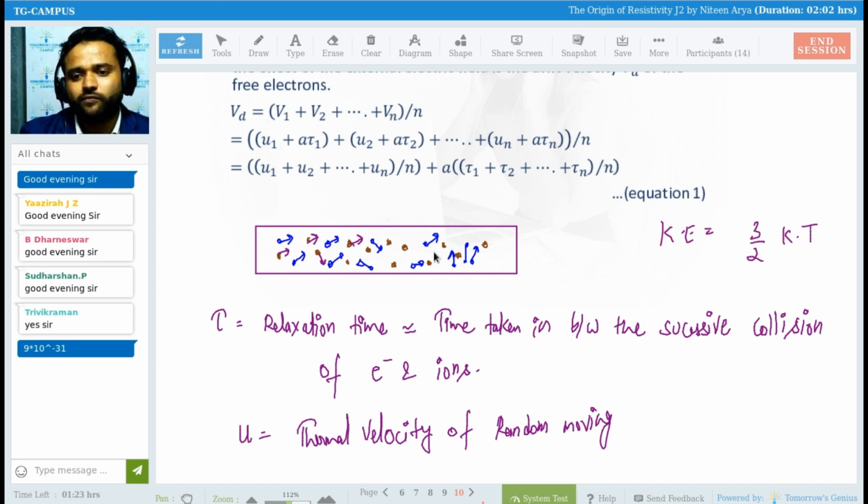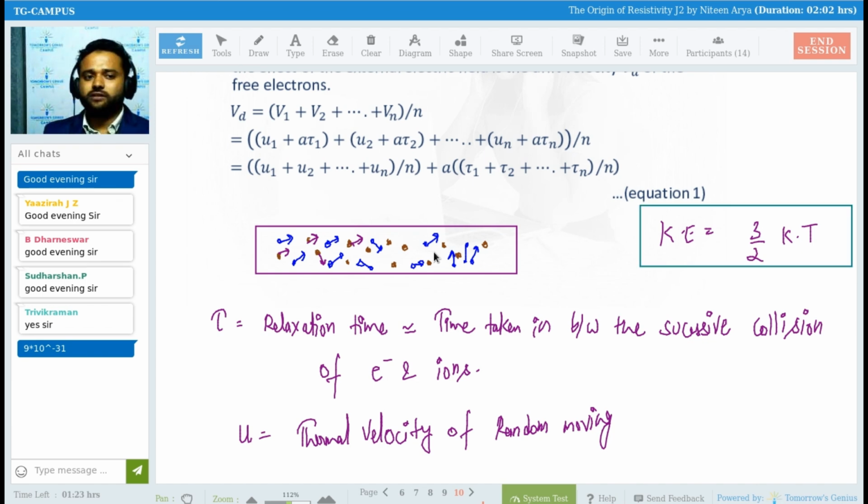Thermal means the moment there is even 1 Kelvin. Due to this temperature, the electrons, the charged particles, start moving, and obviously when any object is in a moving state, it attains kinetic energy.